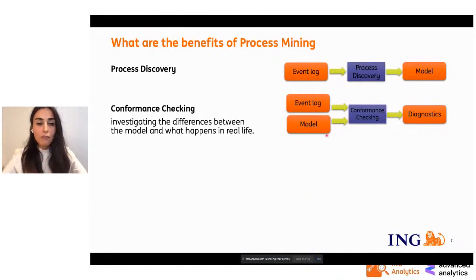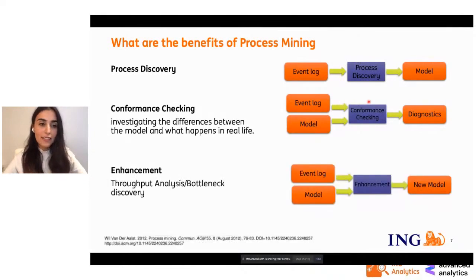In this way, you have a model, you have an event log, and you want to check if it complies with the actual model, the as-is of the system, like the logs of the system, which are already there. I will dive deeper into this, so if you have any questions, you can keep them for the upcoming slides as well.